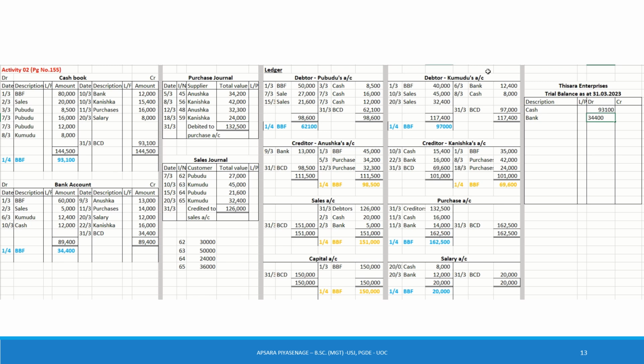Then debtor Kubudu, 62,100. Then debtor Kumudu, 97,000.